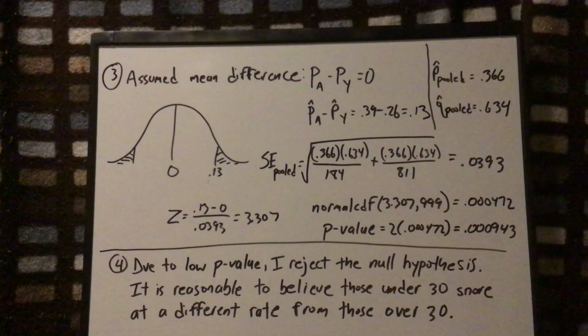And then after that, make sure you put it in context. So what does it mean to reject a null hypothesis? Well, that's what it says after it. It means that it is reasonable to believe that those under 30 snore at a different rate from those over 30. So this is the full-out test. The sample difference seems like it was significantly different because the populations were different. It's very unlikely the population was the same and I got this level of difference.